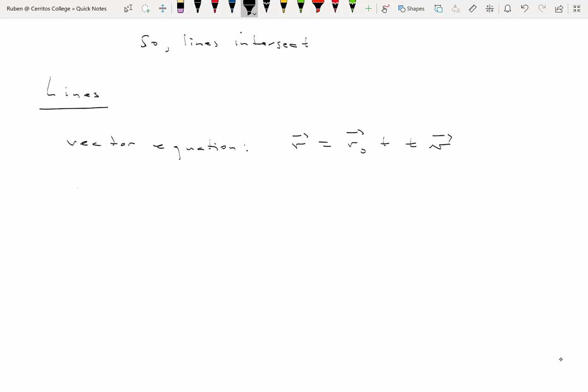You can give parametric equations. That means you're given the equations of the lines coordinate-wise: x equals x naught plus at, y equals y naught plus bt, and z equals z naught plus ct.